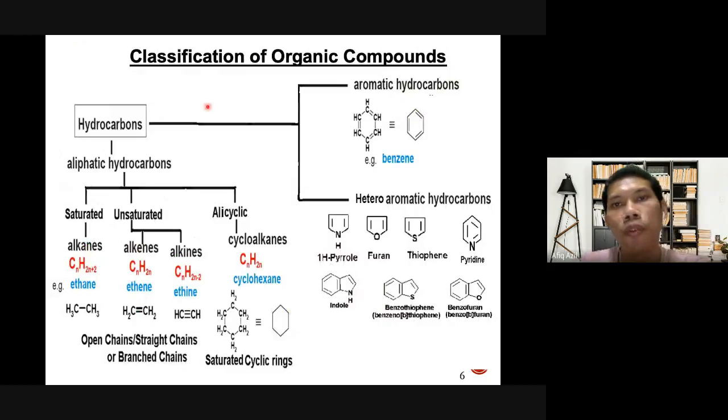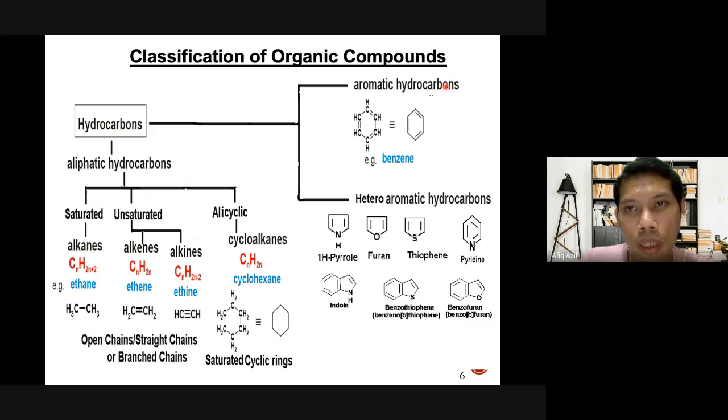So the classification of organic compounds, how the organic compounds are classified. They are mainly what we call hydrocarbons. The hydrocarbons contain hydrogen and also carbon, hence the name hydrocarbon. They are divided into two main groups, which are aromatic and aliphatic.